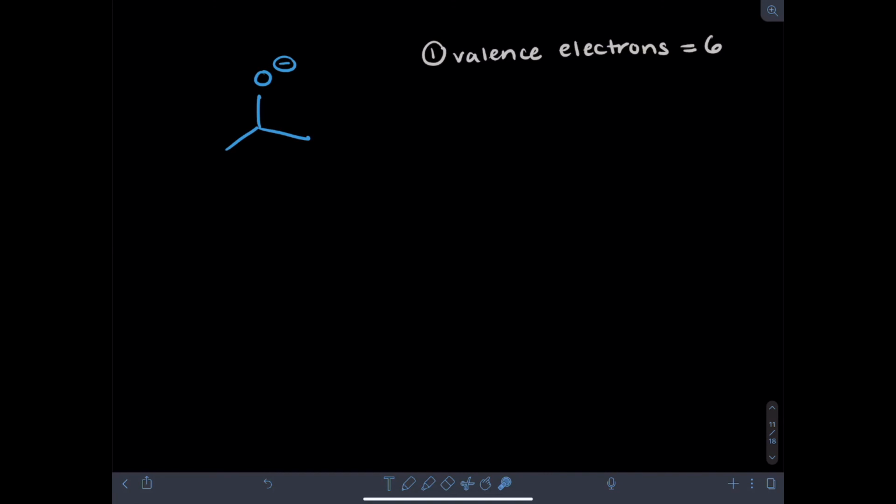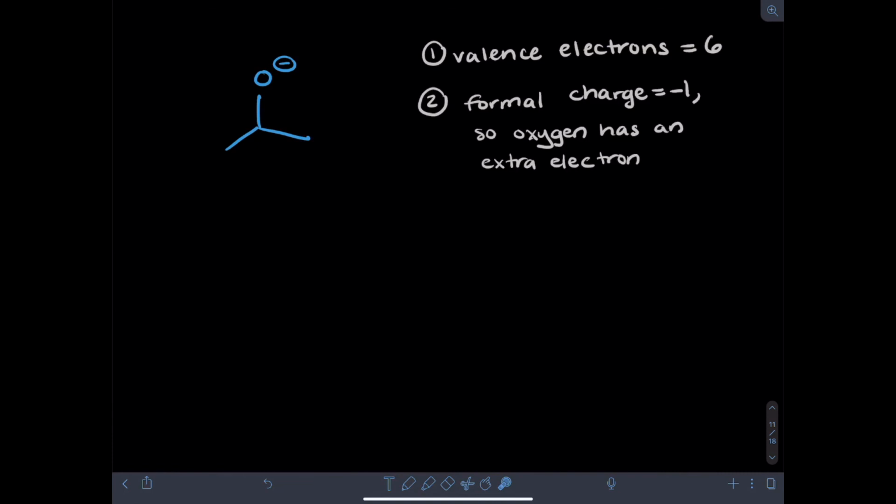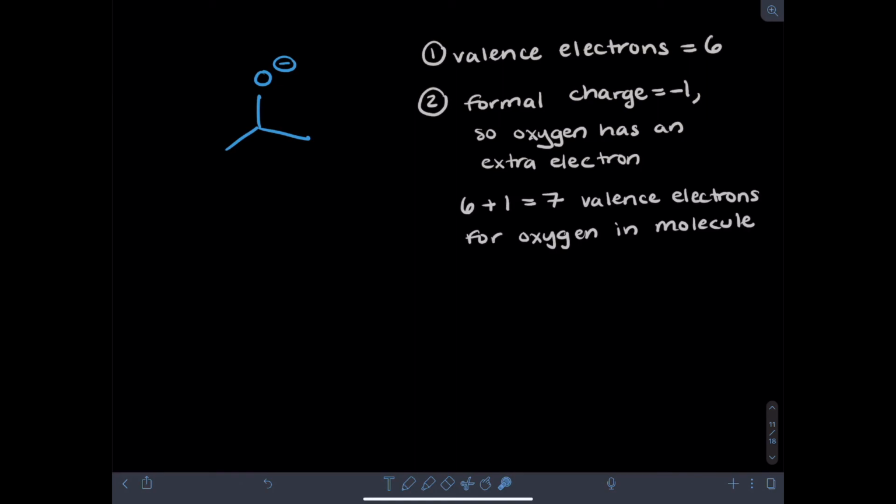Oxygen always has 6 valence electrons. In the molecule, we're given the fact that oxygen has a -1 formal charge, and whenever you have a negative formal charge, you have an extra electron present. So in reality, we have 6 valence electrons plus our 1 extra one due to formal charge.